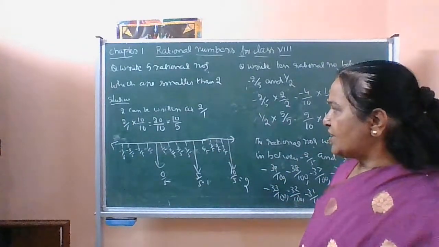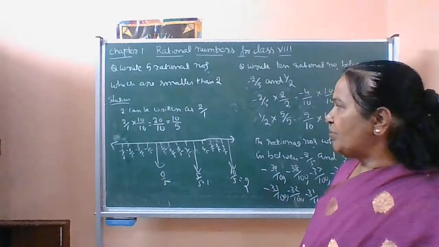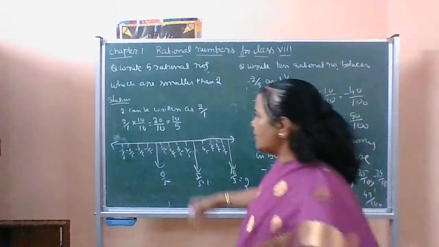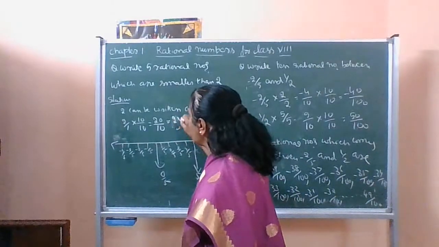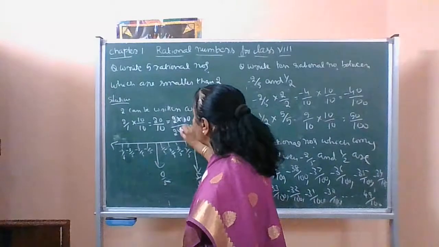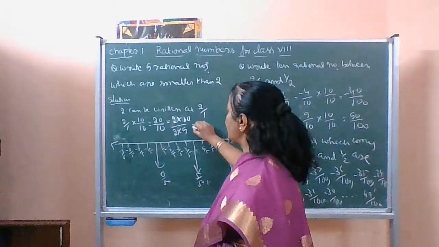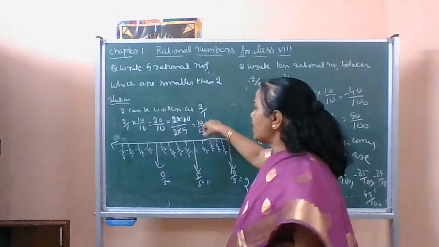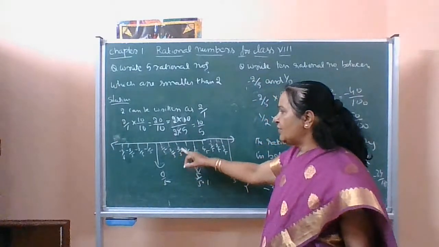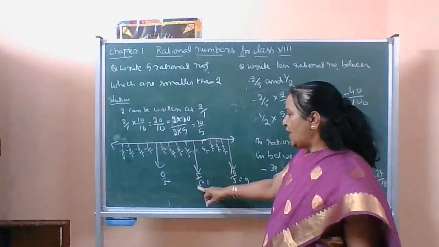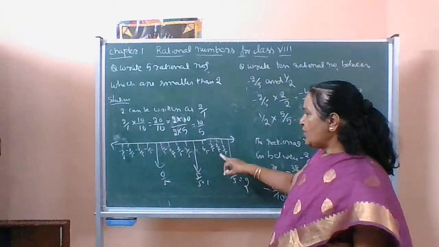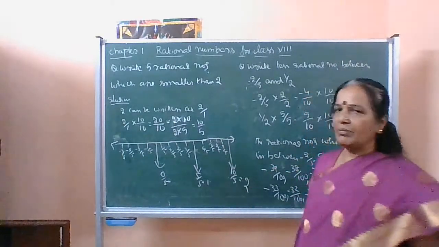That can be written as 2 tens are 20 and 2 fives are 10, therefore it is 10 by 5. What is 10 by 5? It is 2. Therefore, 1 by 5, 2 by 5, 3 by 5, 4 by 5 and 5 by 5 is 1, 6 by 5, 7 by 5, 8 by 5, 9 by 5 and 10 by 5.